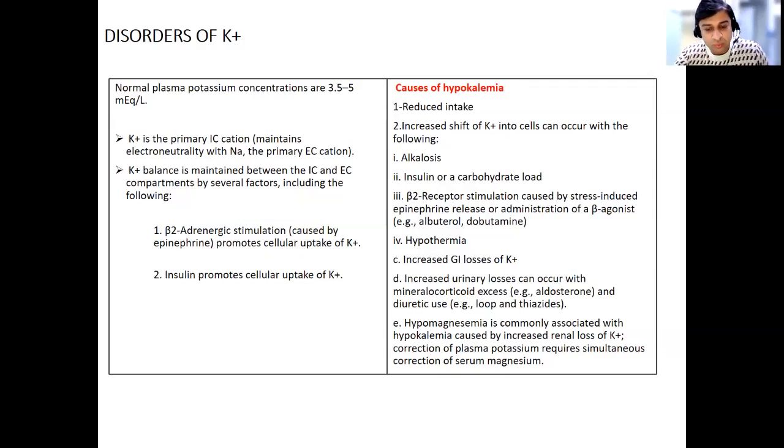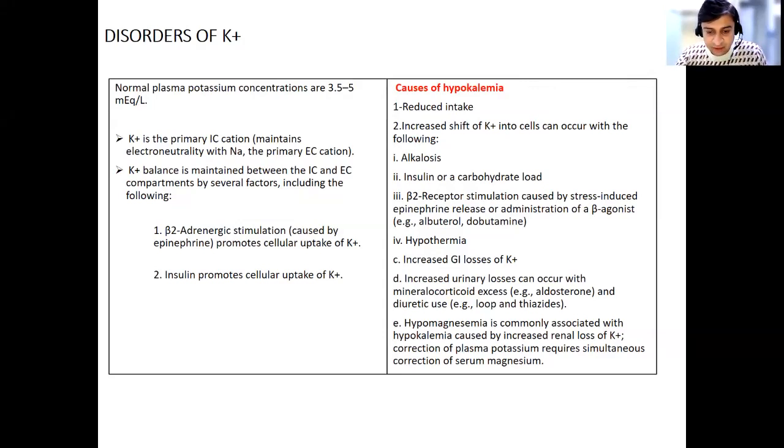Why is that? Because magnesium inhibits the renal outer medullary potassium channels. These channels secrete the potassium out of the renal tubules.